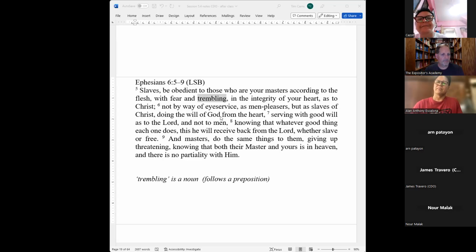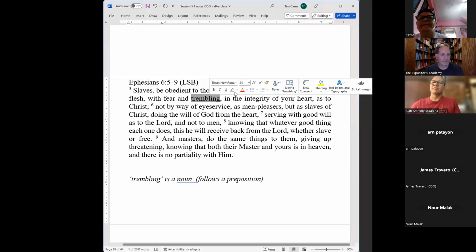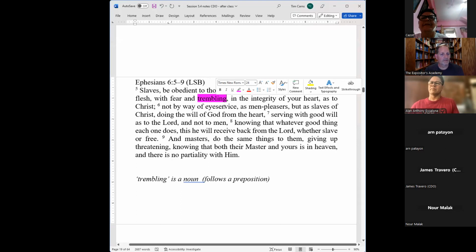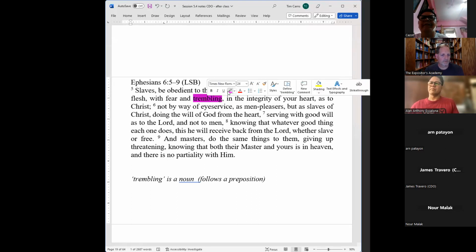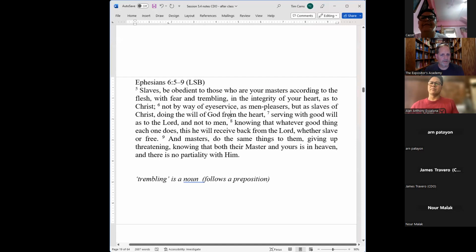Okay. All right. Let's go back to any other. So trembling is not. So we're going to put that in another color just so we're not tricked by it. Any other in verse 6, Kazot?